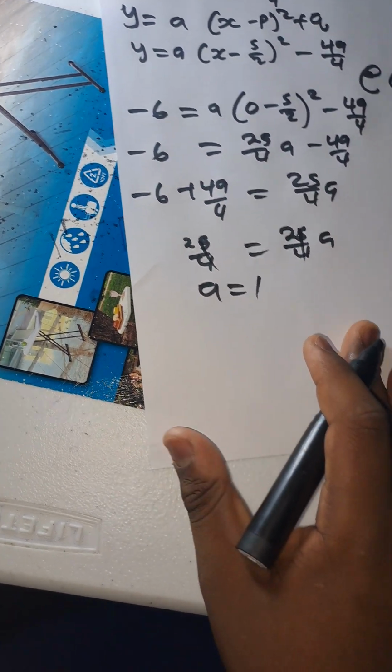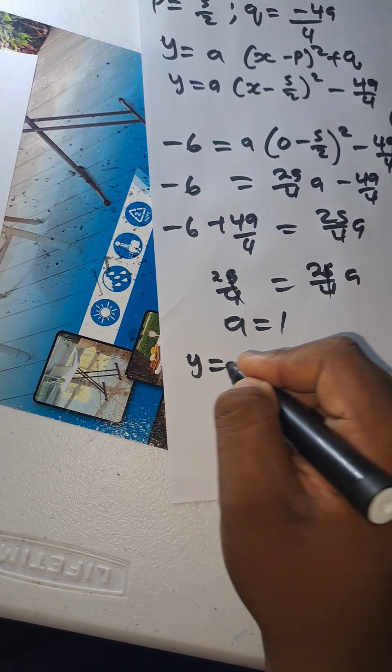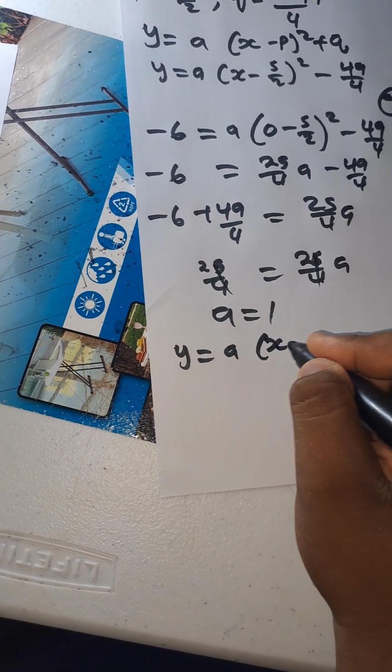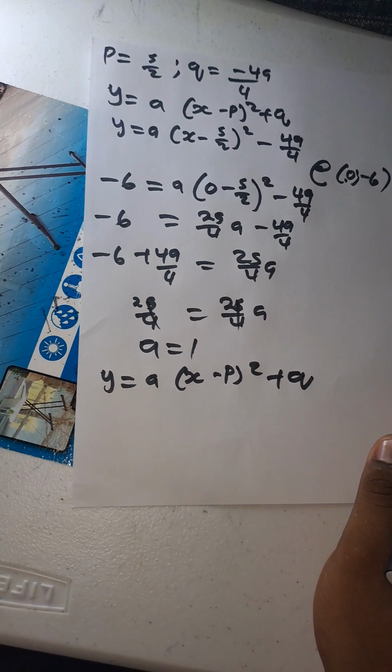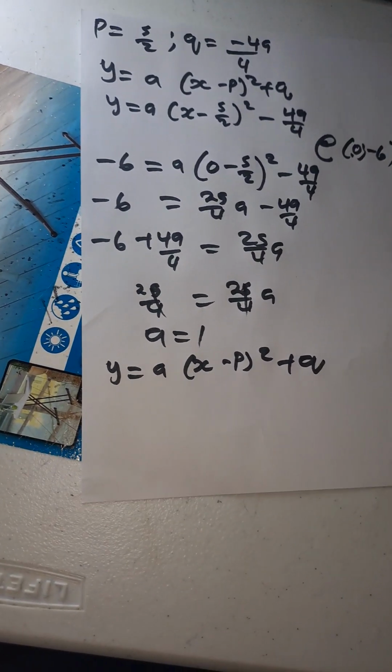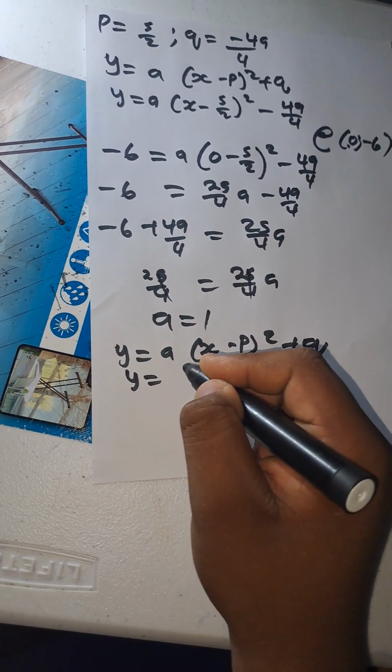So since my a is equal to 1, I will now say y is equal to a(x minus p) squared plus q. Okay, I hope I'm not fast. And then we continue. Where there is a, we put what? 1. So now we are trying to find the equation.